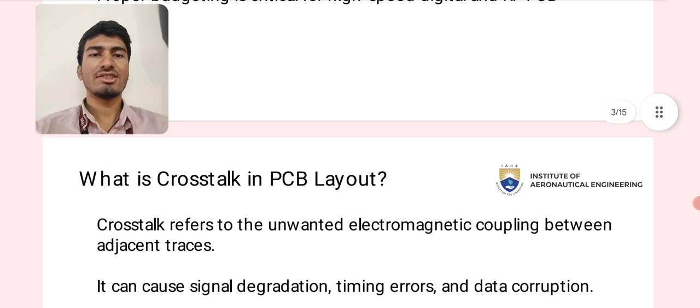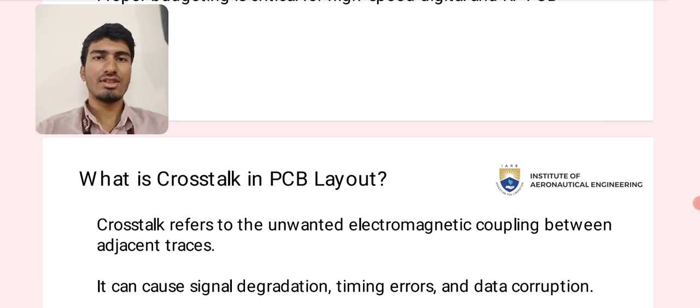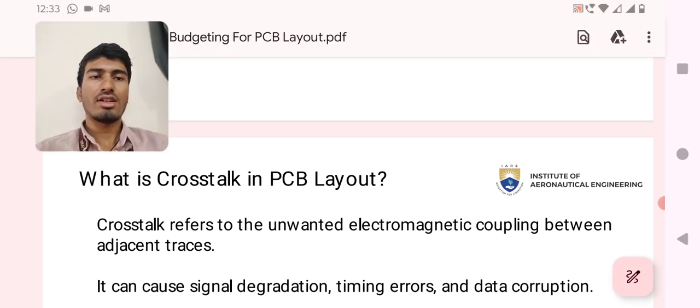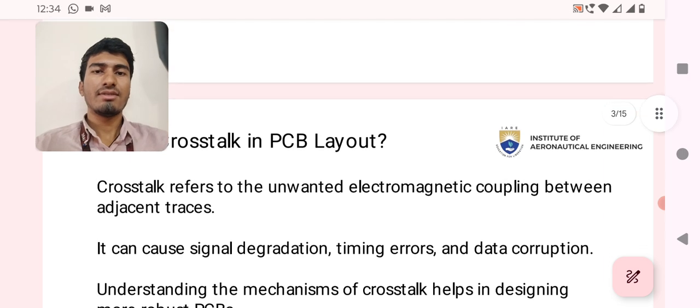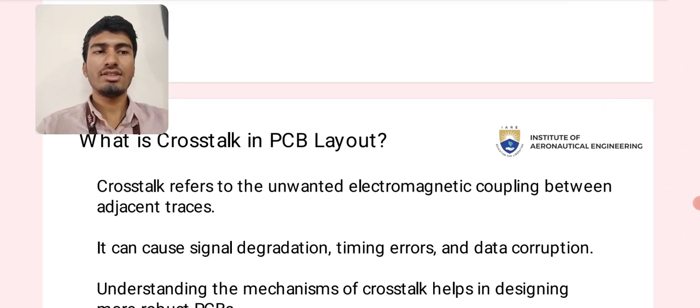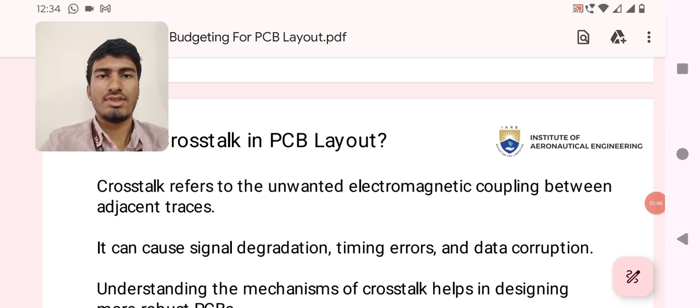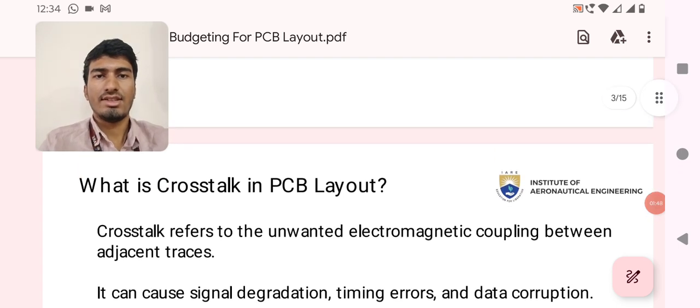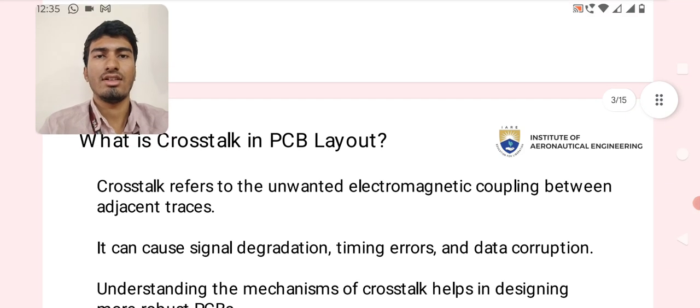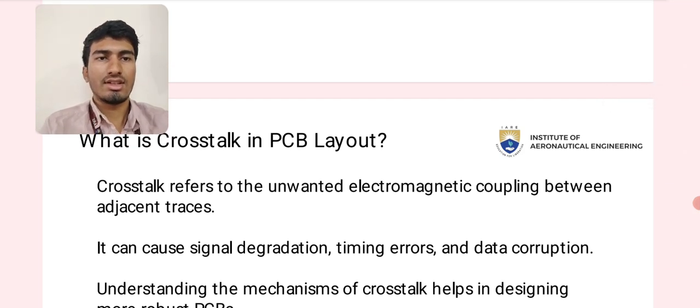What is crosstalk in PCB layout? Crosstalk refers to the unwanted electromagnetic coupling between adjacent traces.